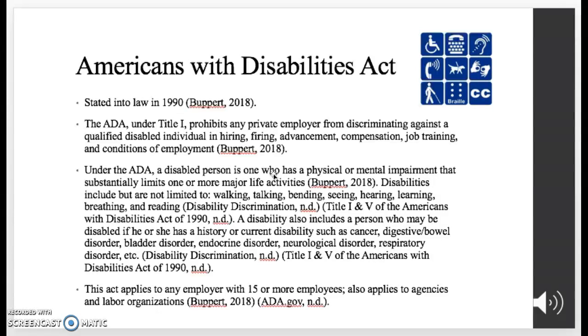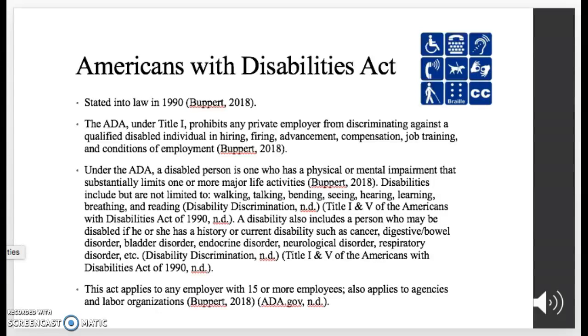The Americans with Disabilities Act protects individuals with disabilities under employment, transportation, public accommodations, communications, and government activities. Under the ADA, a disabled person is one who has a physical or mental impairment that substantially limits one or more major life activities.